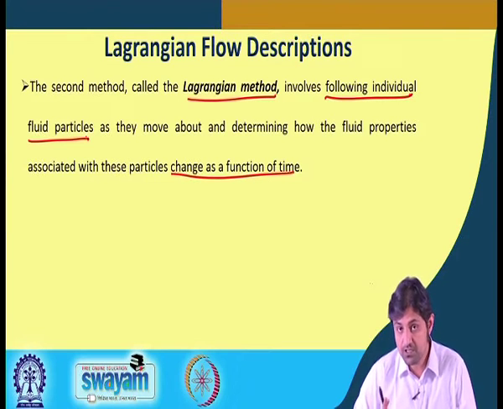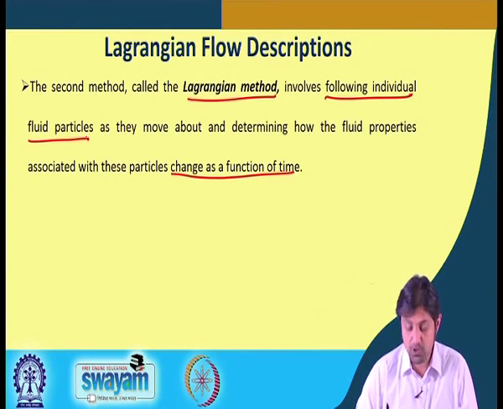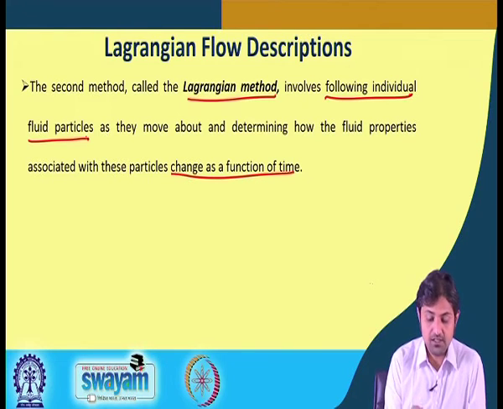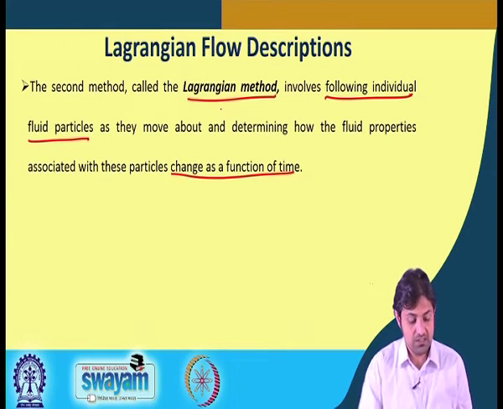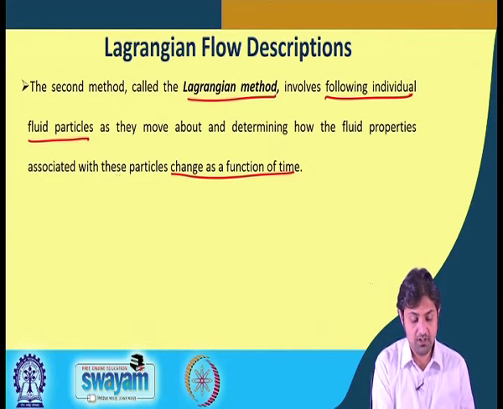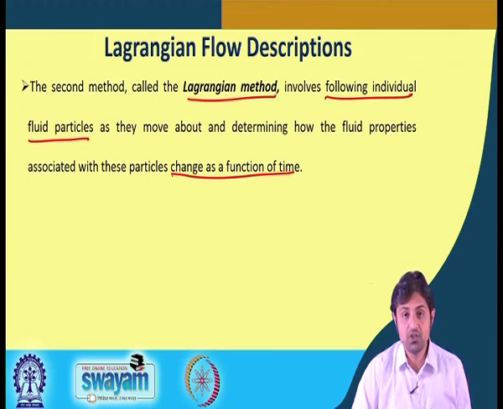Earlier, in Eulerian, we had a fixed point in space from where we were making the observation about a fixed point. Here we are following an individual fluid particle. So our frame of reference x, y, z is at the particle itself. Whatever motion we are observing is relative to that particular particle, and this flow description is called the Lagrangian method, observed as a function of time.